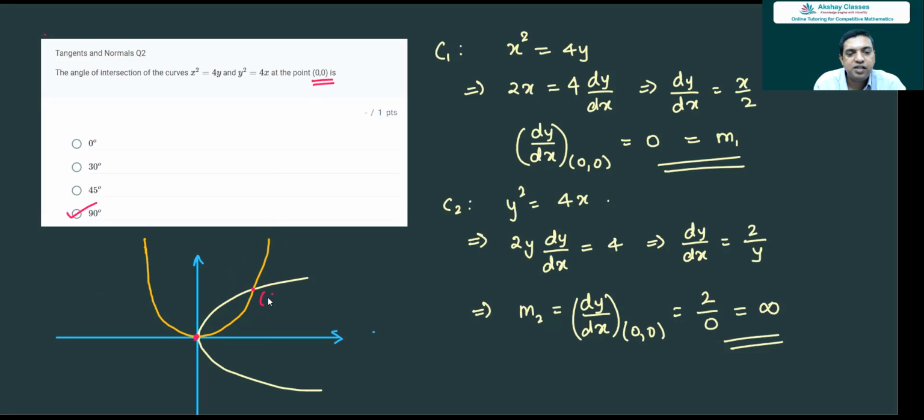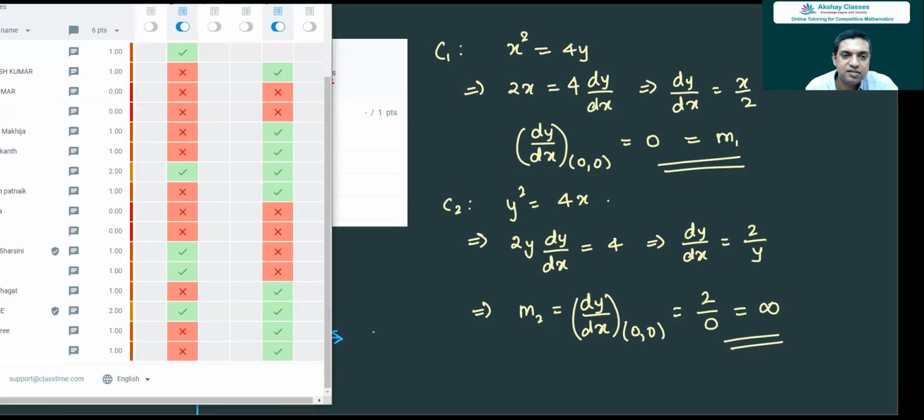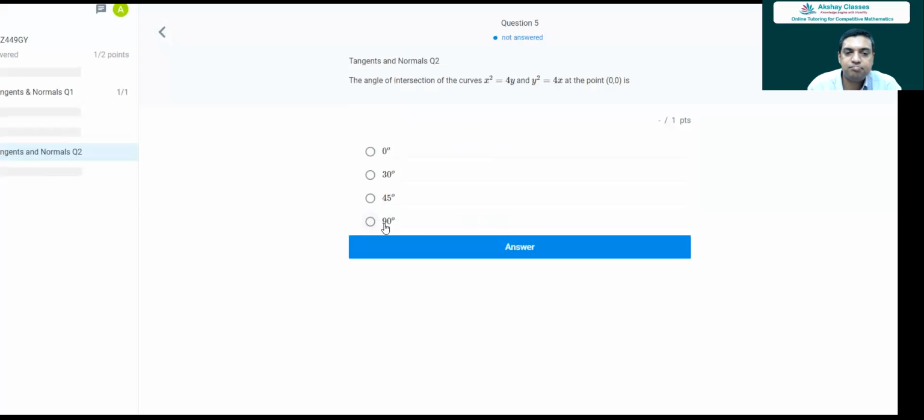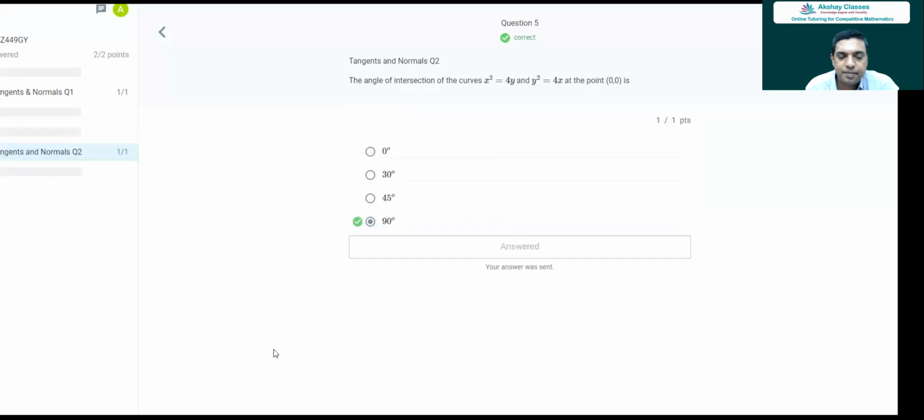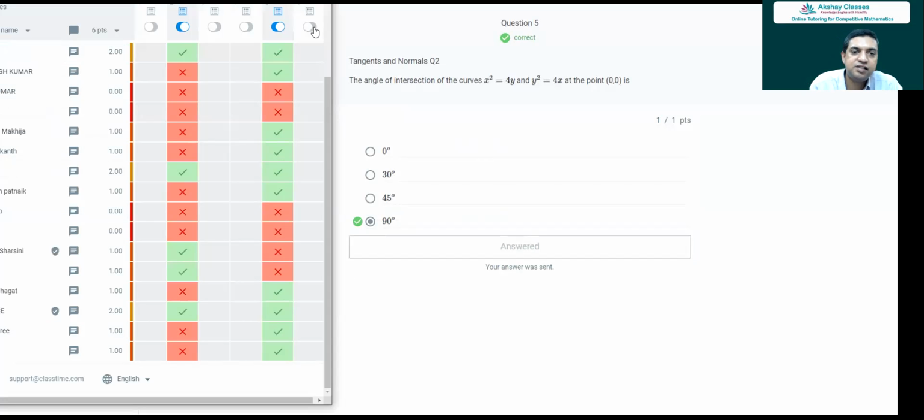At that point it is different. At 0, 0, the angle of intersection is 90 degrees. Is that clear? So next question. We'll move to the next.